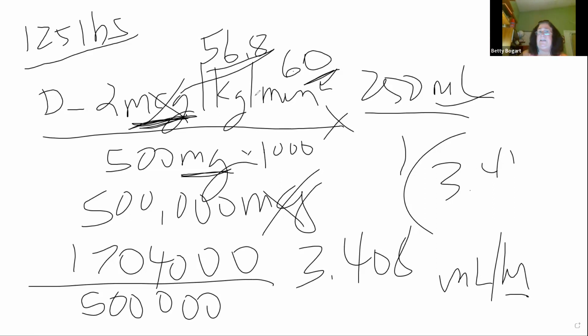I usually will just leave the 56.8 and multiply it times 2 times 60 times 250. It's not going to do you wrong to leave it there. Because if you're rounding it, aren't you going to maybe make a mistake? Possibilities are always there. So what you have, just use it. Don't try to round. Don't try to change until you have it there. And it will decrease your errors there. Okay?